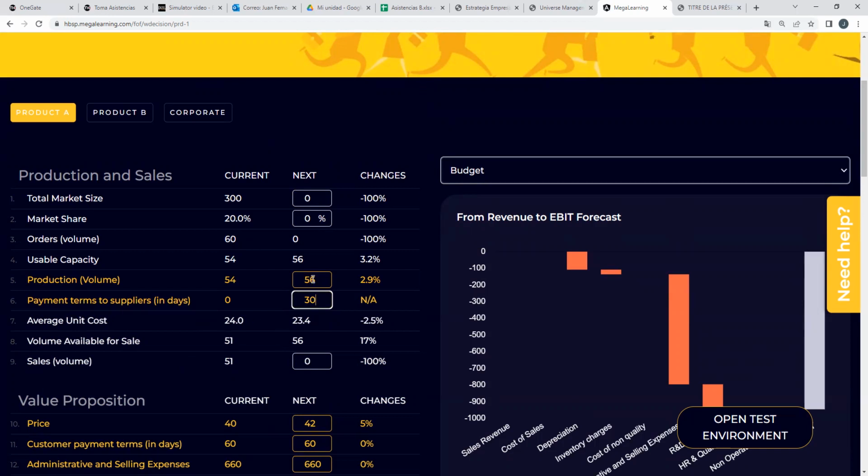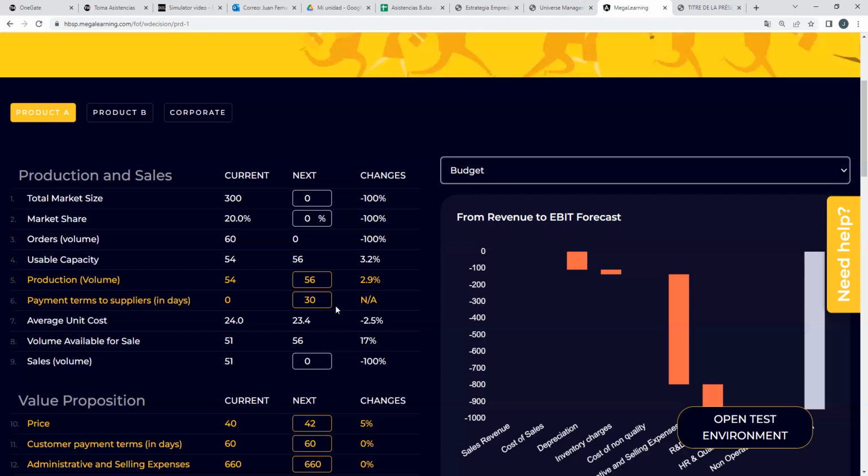This is going to increase my cash flow. However, there is a trade-off: the supplier is going to tell me, I'm going to charge an extra cost because you are paying me later. You can calculate that extra cost with this formula. We put in here the number of days, 30 days, and you divide by 600.